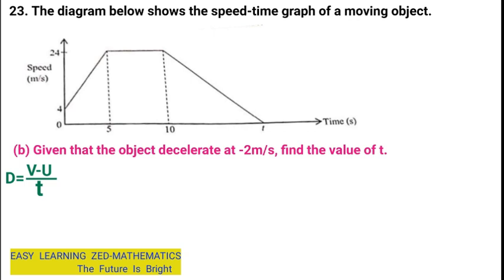So what is the deceleration? It is negative 2 meters per second squared, which is equal to the final velocity minus the initial velocity over the time it took. The car came to a stop, so the final velocity is 0, and the initial velocity was 24 meters per second.